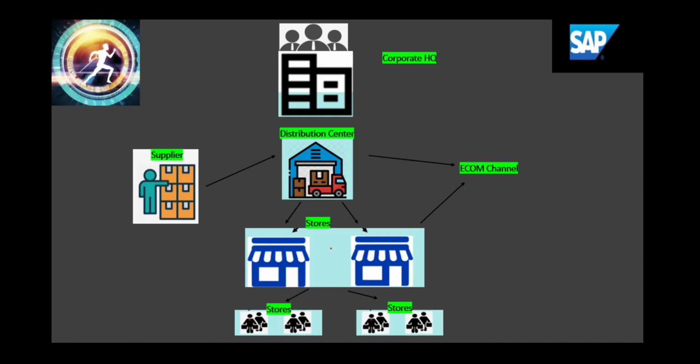So how do they do that? Once a purchase order is created and the supplier fulfills it, he puts all those products in a big truck and sends it to the distribution center. The distribution center is more like a warehouse where it receives the products from different suppliers and stores them.